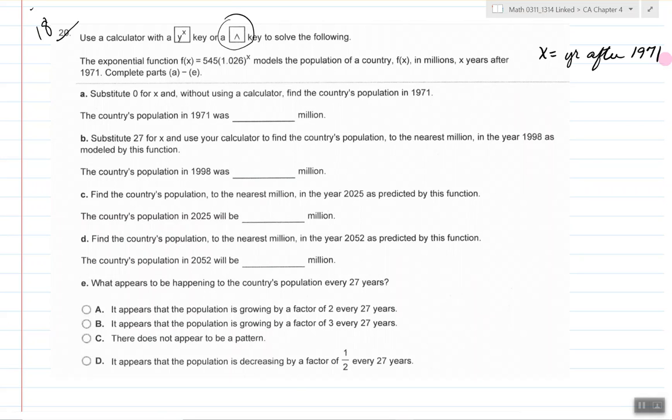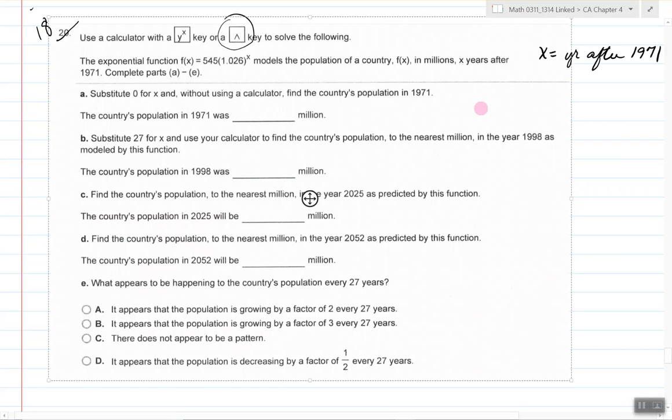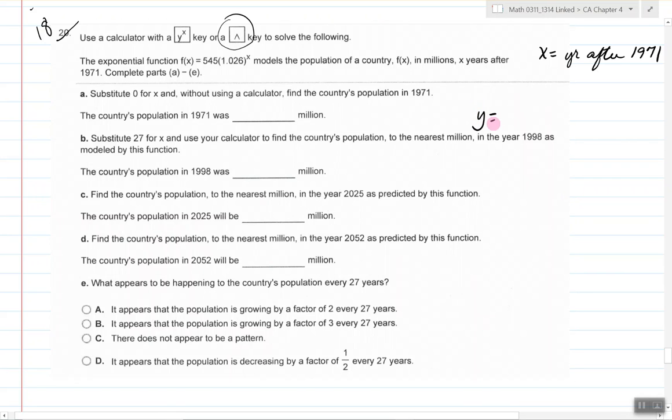Okay, so what I'm going to do is I'm going to put y equals 545 open parentheses 1.026 raised to the x power.